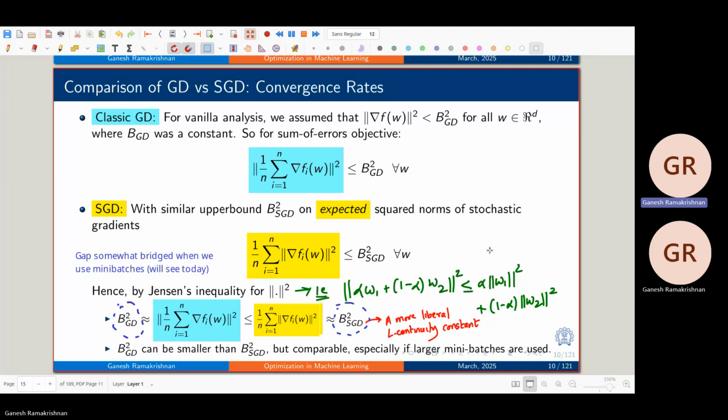But the question is still, can I bridge the gap? So this slide gives you some motivation for bridging the gap. Okay, so it turns out that you can bridge the gap. Imagine that instead of taking the norm completely inside, I were to group some of the gradients, I'll create groups. Then do you think that I can get some intermediate point between these two inequalities? Right? What are we saying?